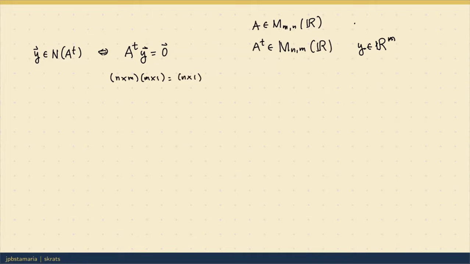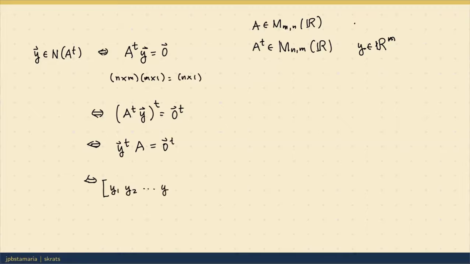Okay? Now, what you do is you take the transpose of both sides. If you do the transpose of both sides, what do we get? Property of transpose, you know that doing transpose reverses the order of the terms. y transpose A equals 0 transpose. So meaning, the zero vectors now are row vectors. So when you take a look at this, you express this in terms of components. These are the components of y, lying down like that.